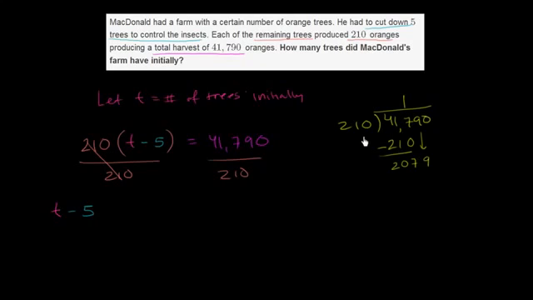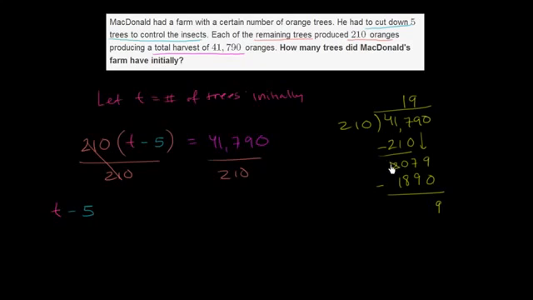How many times does 210 go into 2,079? It looks like it would go into it not quite 10 times. Looks like it would go into it 9 times. 9 times 210 is going to be, let's see, 9 times 0 is 0. 9 times 1 is 9. 9 times 2 is 18. And then we subtract again. 9 minus 0 is 9. We have to regroup from the thousands place.